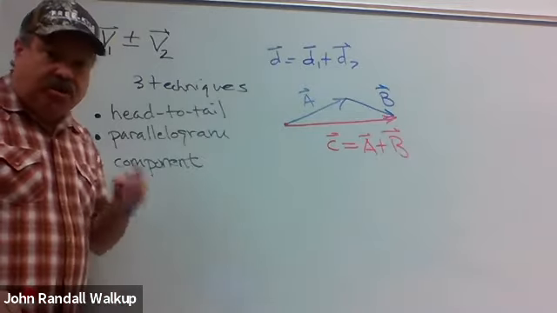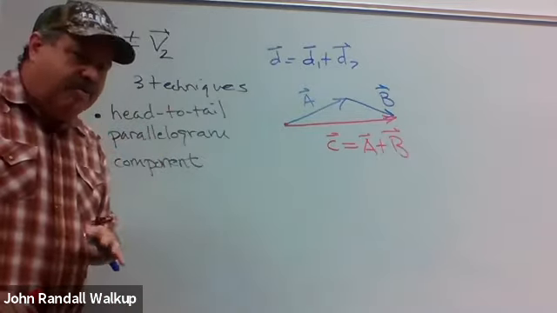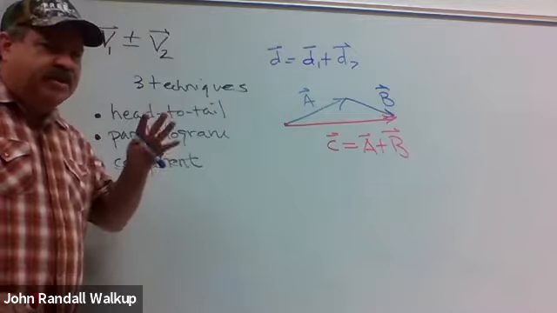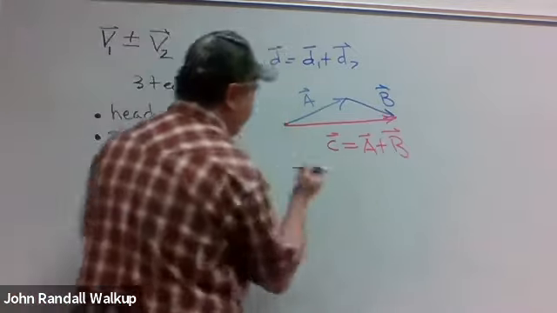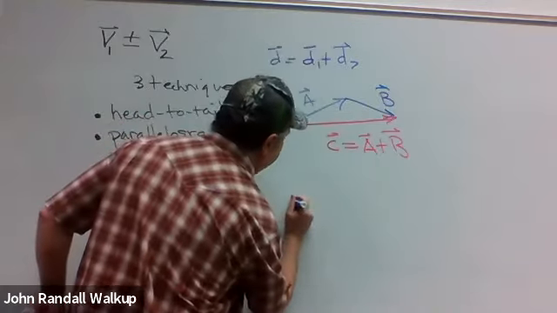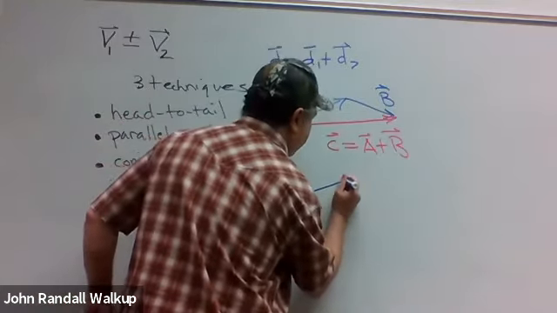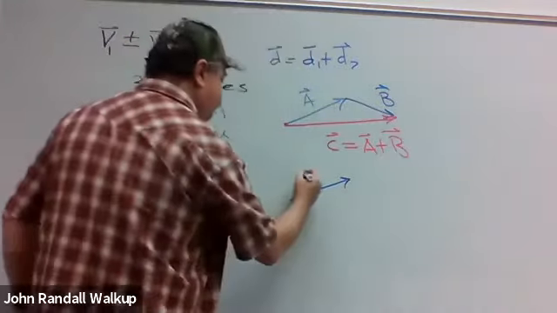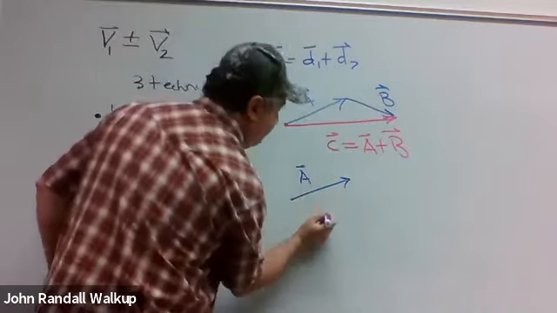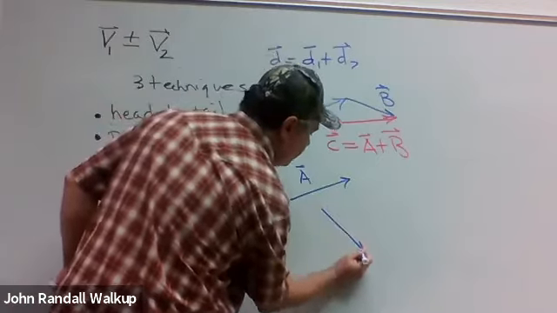Now, I'm going to do the same problem, but I'm going to move the vectors differently. So I'm going to draw the same vectors here. Vector A, and I have vector B kind of like this.